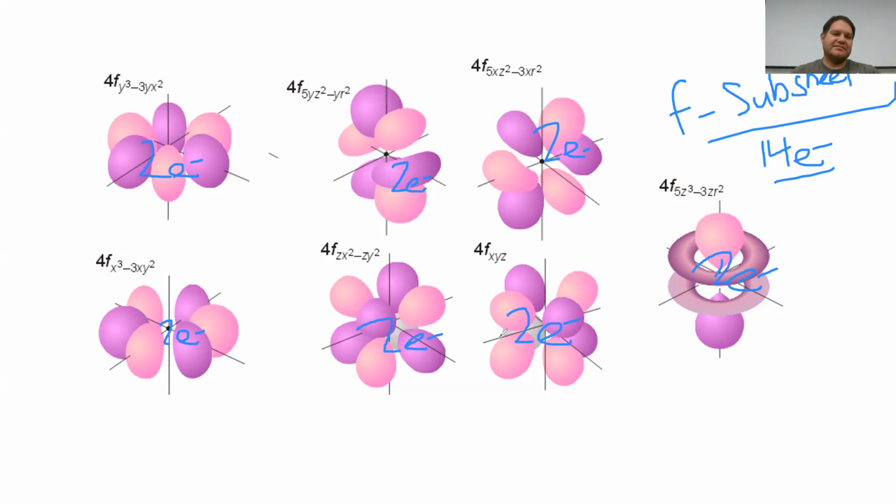They just are in different spatial orientations in the atom. Wow, that's it. Now, are there any more subshells? Yes, there are. Are we going to talk about them? No, we're not. We're only going to focus on the s subshell, the p subshell, the d subshell, and the f subshell, and that's all we're going to do.